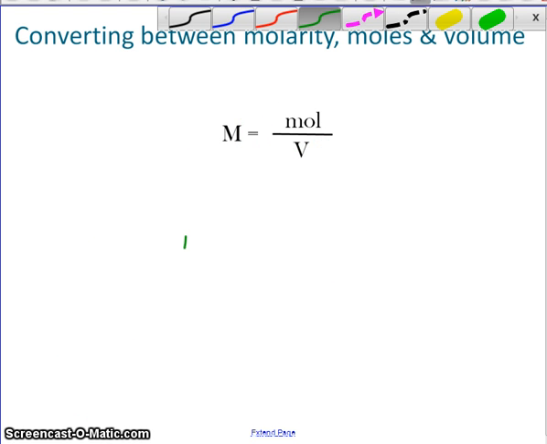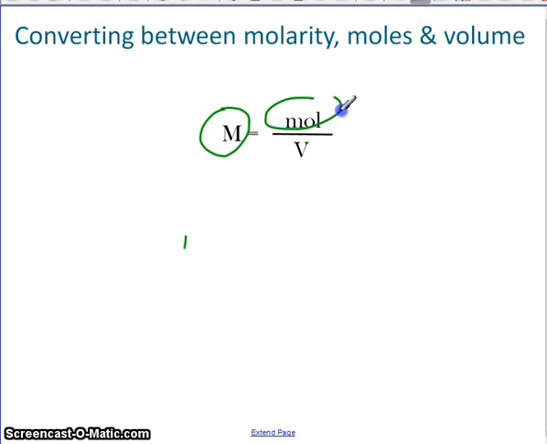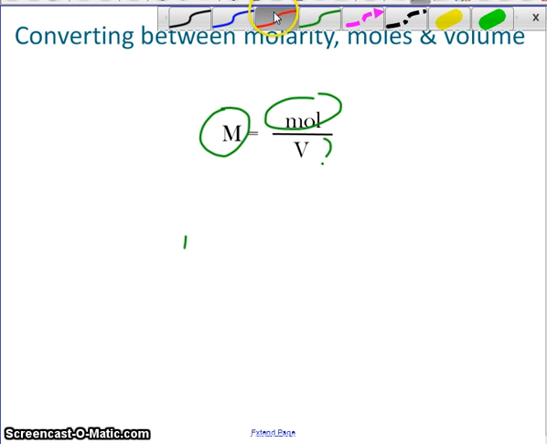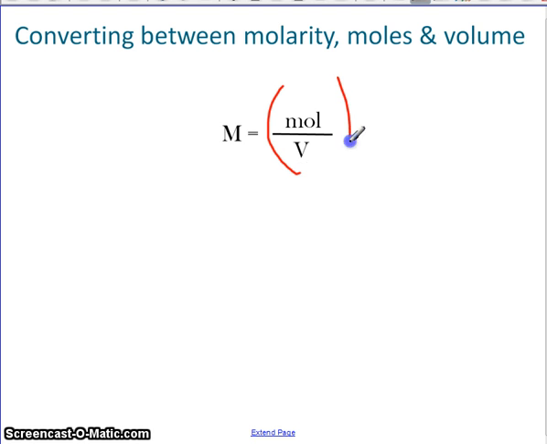Similarly, if we're given molarity and moles and we're looking for volume, you should be able to solve for that as well. So this time it's a matter of getting volume by itself. Since volume is on the bottom right now, we need to get it to the top. So we multiply by volume. Volume and volume cancel out.